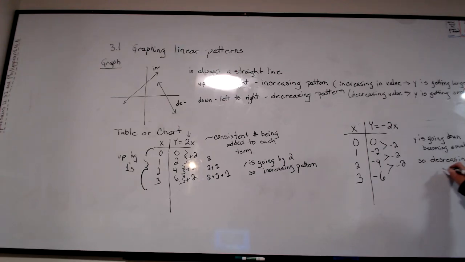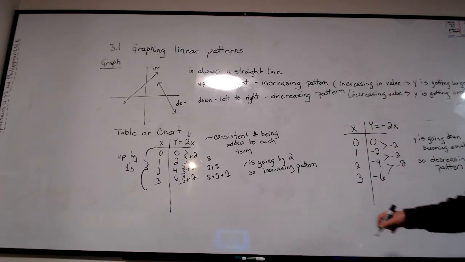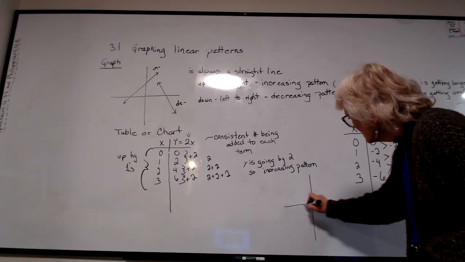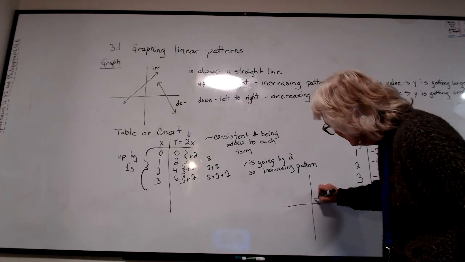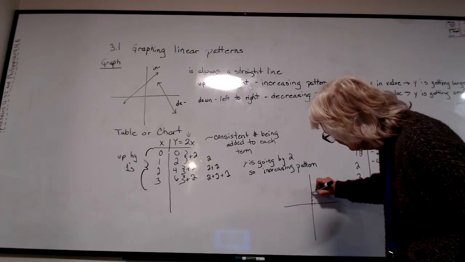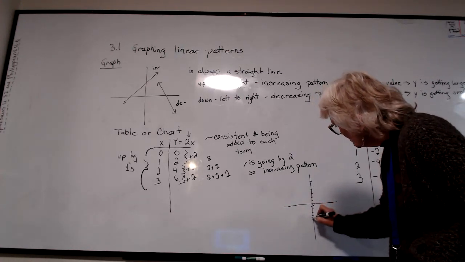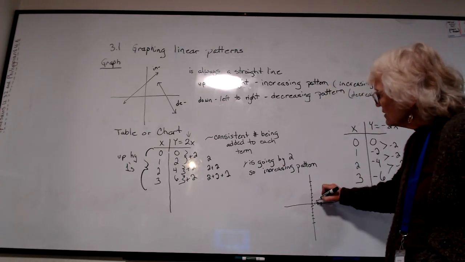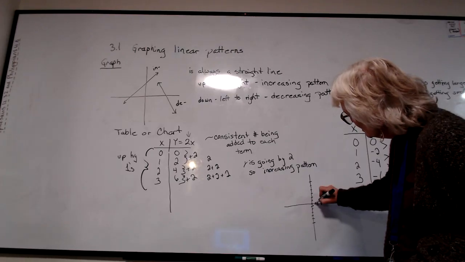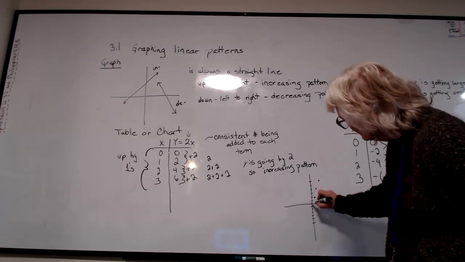And if I were to graph these two, because we know how to graph, we can make a table and we can graph them, what we're going to get is basically this. Okay? This is going to be 0, 0. So the first one is at 0, 0, then we go to 1, 2, then we go to 2, 4, then we go to 3, 6.